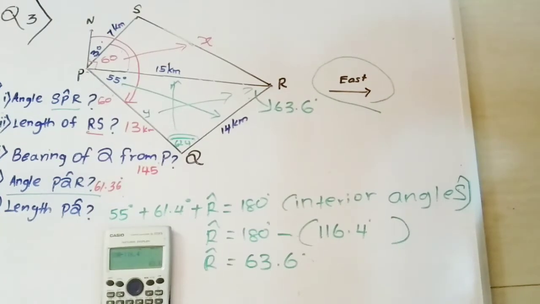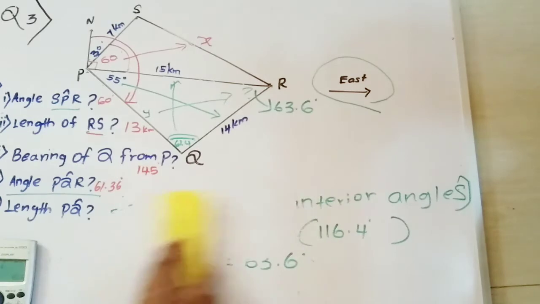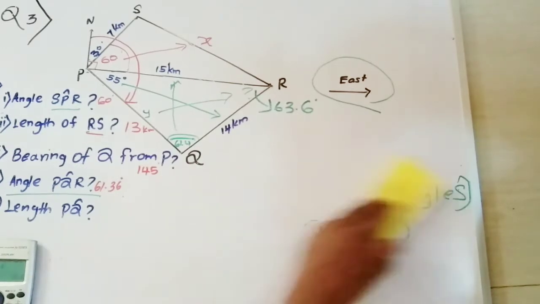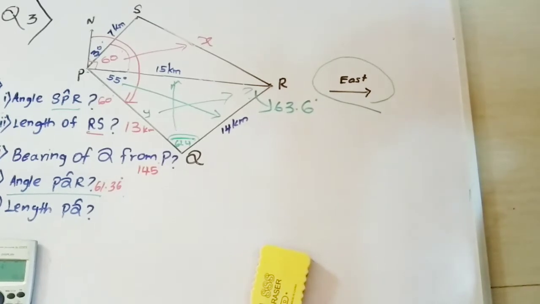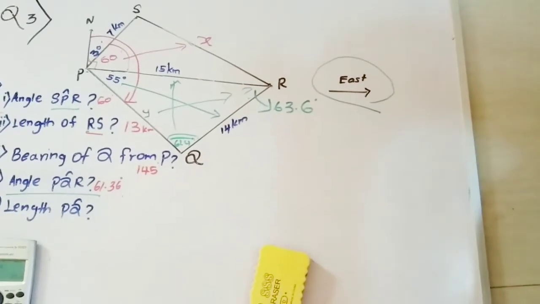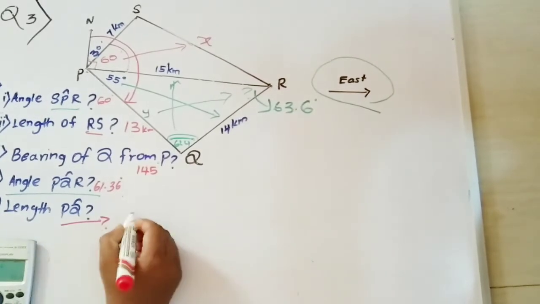We are finding this 63.6 angle to find Y. How can we find Y here? We can use the sine rule and the cosine rule both here to find the length of PQ.